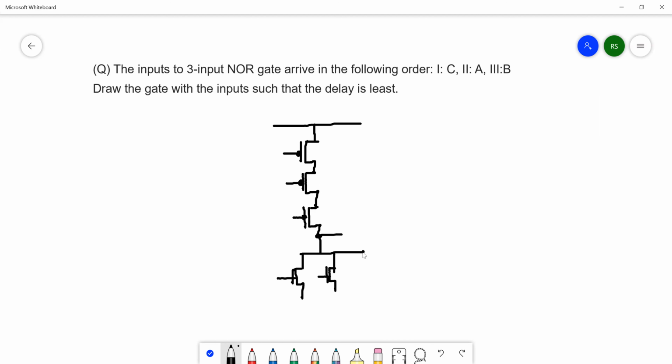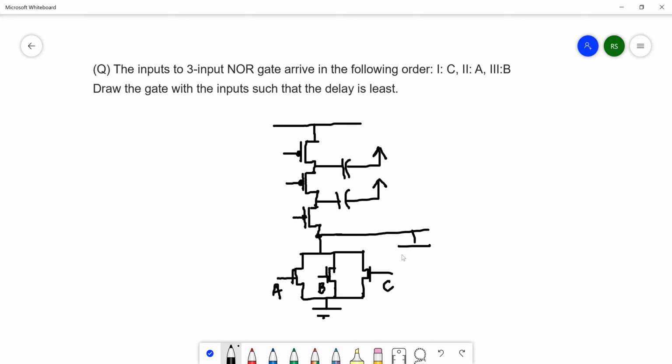There are many intermediate capacitances, and we want the signals to be such that as they come, they are able to discharge some of the intermediate capacitances. So in the bottom part, the order doesn't matter, because there is only one load capacitance, and anytime a signal comes, that will get discharged. So in this case, we have to be concerned about the pull up network. We have to charge these capacitances and also the output capacitance.